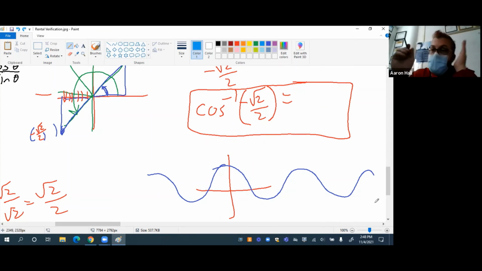When we look at an inverse, the domain becomes the range and the range becomes the domain. The x becomes the y becomes the x.